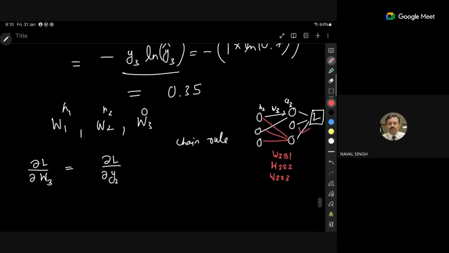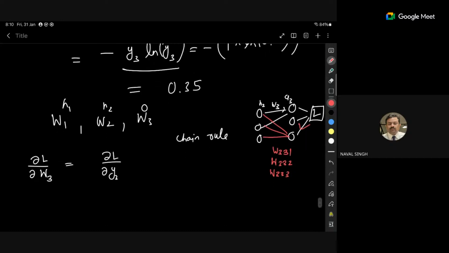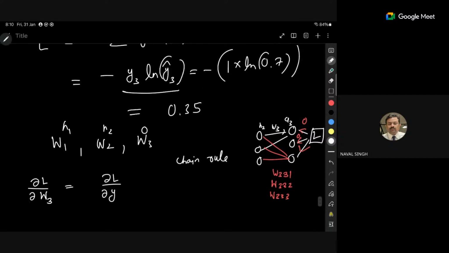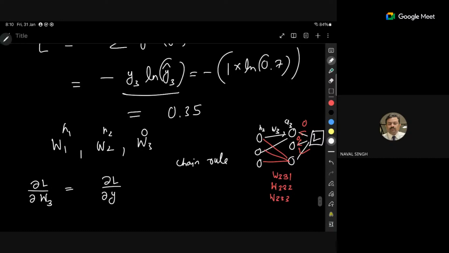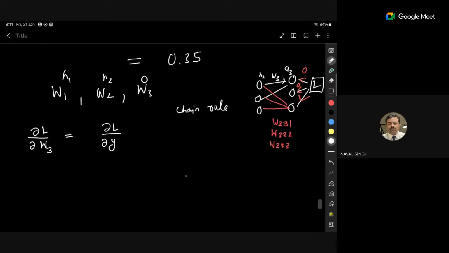Another way we can do is just go through all the paths. We know that these are going to end up being zero, so it will not affect it. So instead of doing y3 only, we can compute with respect to y, and we know that y1 and y2 don't exist.